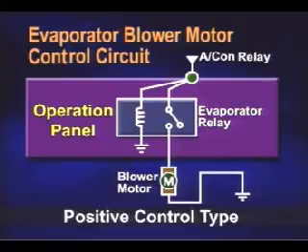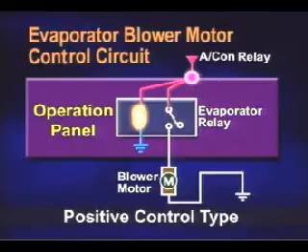When the power supply condition is met, power is supplied to the operation panel from the air conditioner relay, and the supplied power passes the excitation coil of the evaporator relay and gets grounded. Then, power is also supplied to the switch terminal of the evaporator relay and waits. The evaporator relay turns on, and the motor operates by supplying positive current to the blower motor.